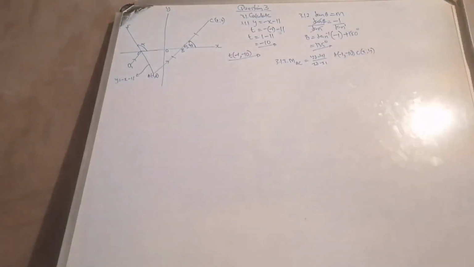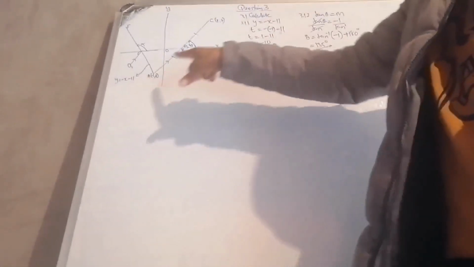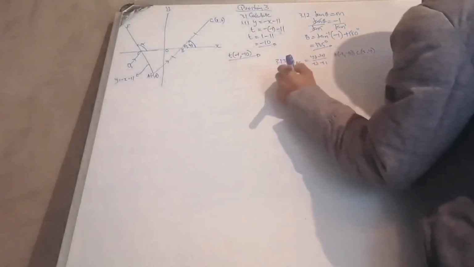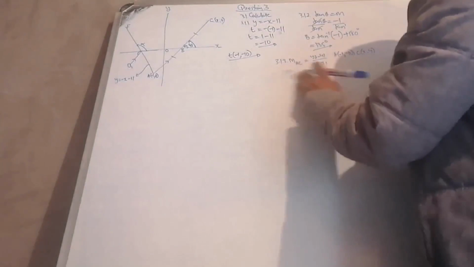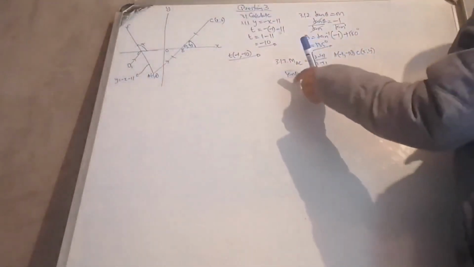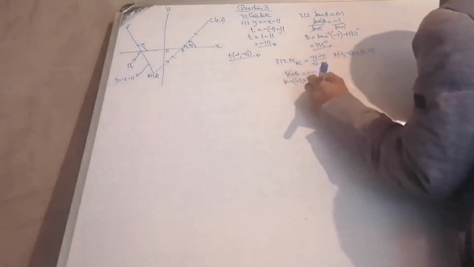Now which one do you think will work? I know that I have the angle that the line makes with the x-axis. I know the angle, so I can find the gradient. So the gradient of AC, remember, you will say tan theta equals the gradient. What is the angle that AC makes with the positive x-axis? 63.43. And this is equal to the gradient.